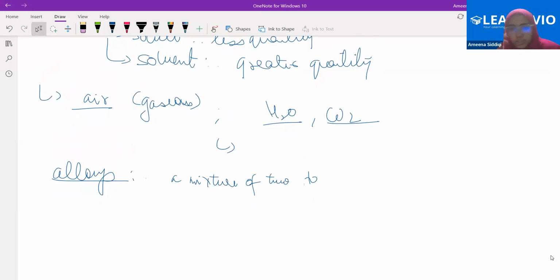At your place there is more oxygen, at my place there is more nitrogen, is it something like that? Is it uniform throughout? Yes, ma'am, it is uniform throughout. So can it be referred to as a homogeneous mixture? Yes, ma'am, it can be a homogeneous mixture.